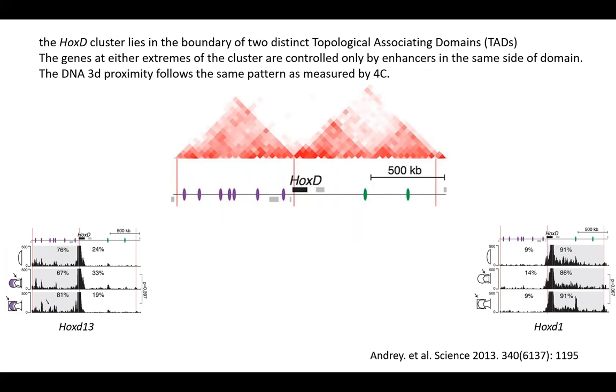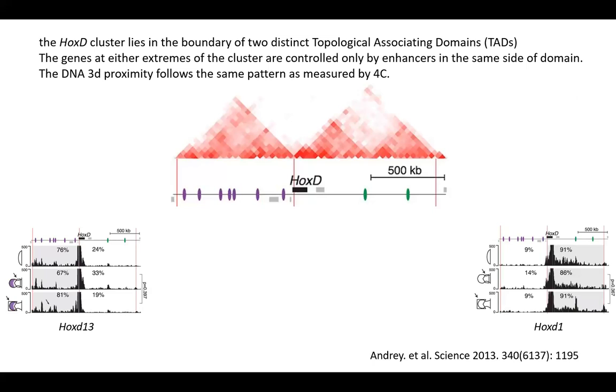And within this, the Hox genes are clustered around this region, and right next to the clusters is a gene desert, a long stretch of non-coding elements that only has these regulatory elements that drive the expression of the Hox-D cluster. And if you look at how the Hox-D genes are expressed, the early Hox-D genes, which are on the right side, so the Hox-D1, there's a label here that says Hox-D1.